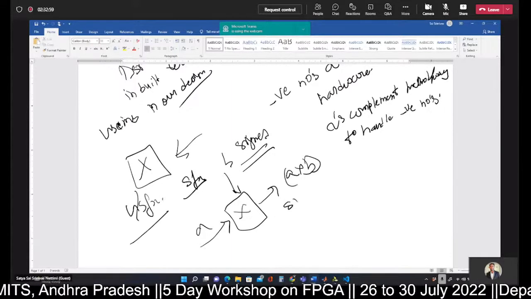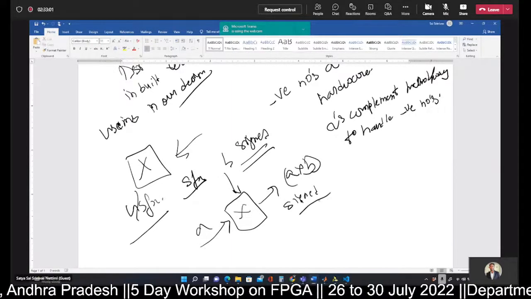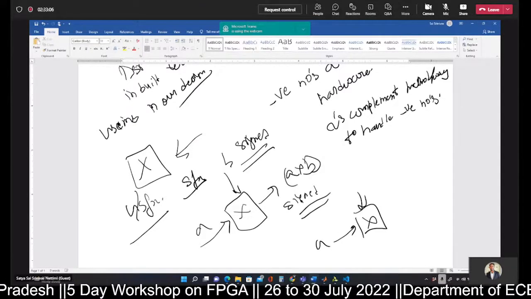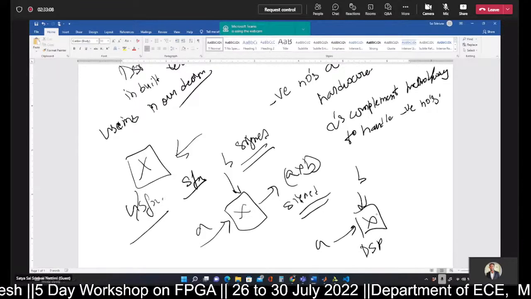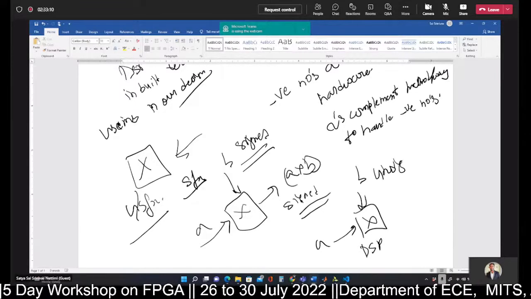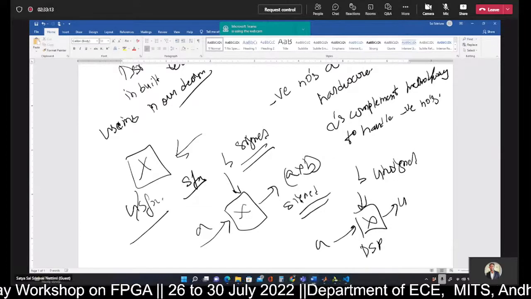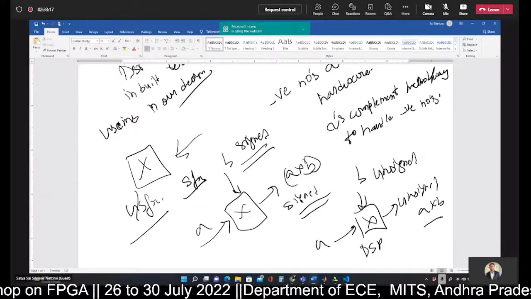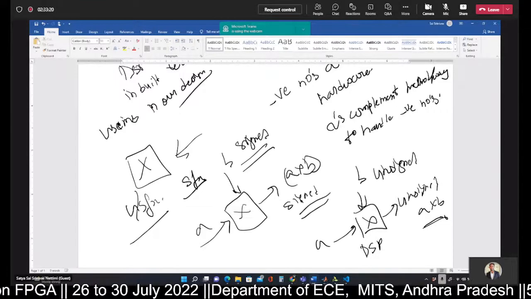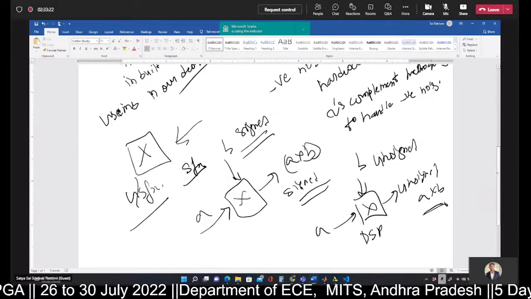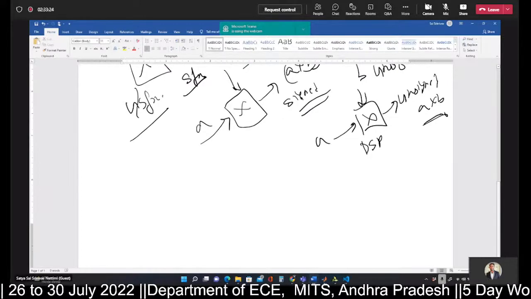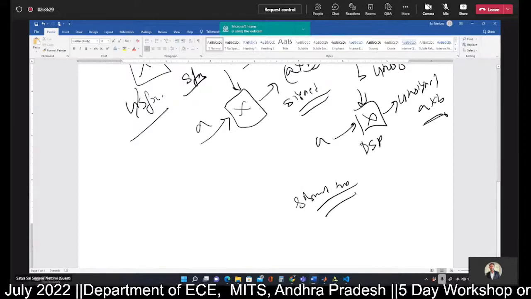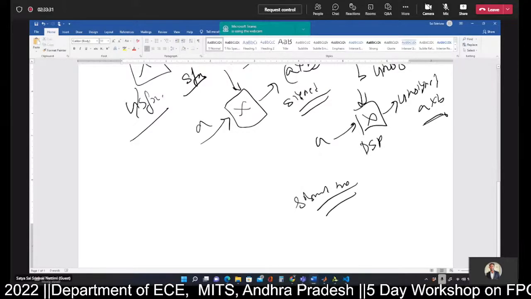Then only you will get a signed output. If you don't tell it that, by default the DSP slice will treat them as unsigned binary and give you an unsigned result.